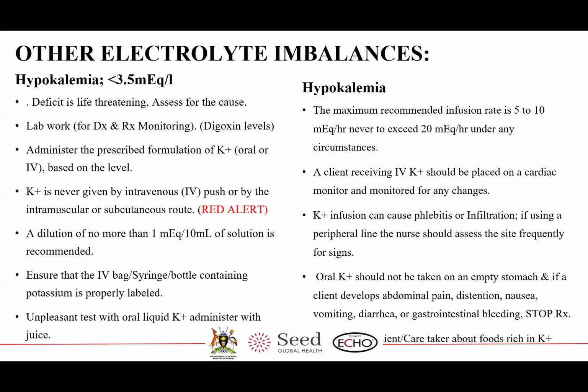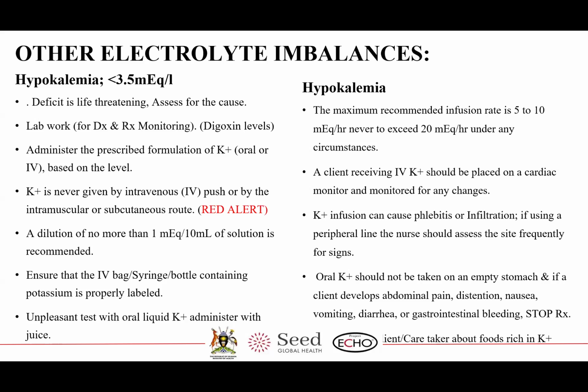And as you're diluting it, the preference is not to use a peripheral line. But if it's what you have at that moment, we have no choice. You further dilute it, as even Dr. Erasmus recommended. It is better that this potassium is given using an infusion device, because then you can regulate what you're giving to the patients.